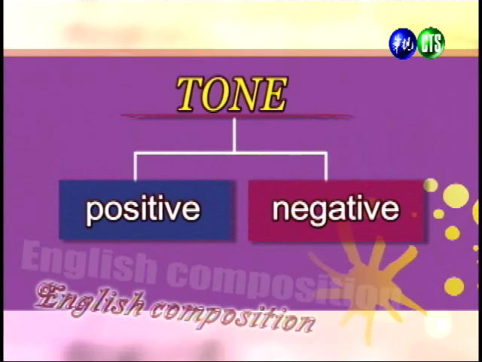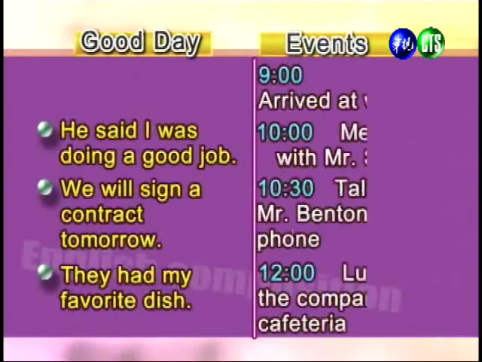Right, so what we're going to do now is we're going to go back and we're going to take a look at the items in the list again, and we are just going to try to pick out items that can give a very positive tone to the day.